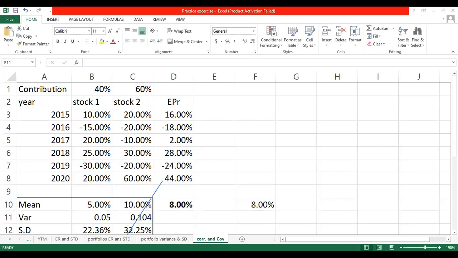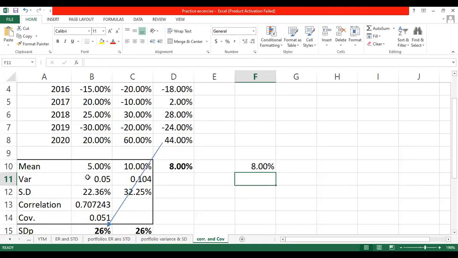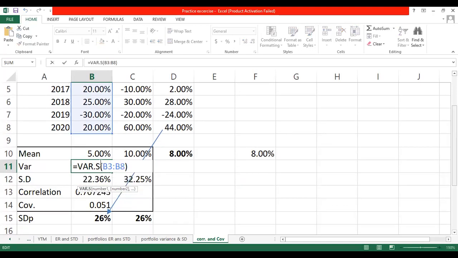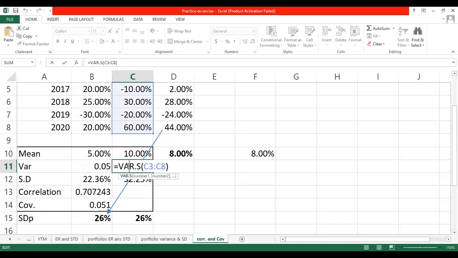Now for variance, just apply is equal to variance of sample. Just select the column, you will calculate the variance of stock 1 and then variance of stock 2.